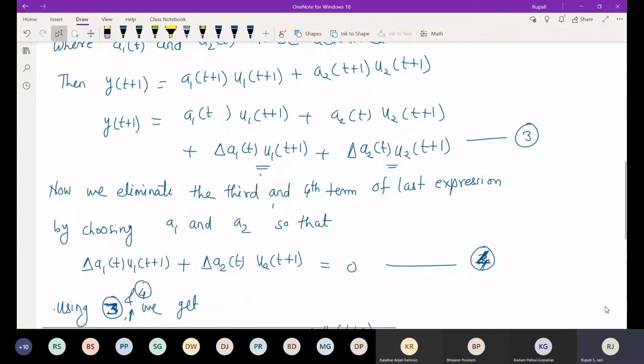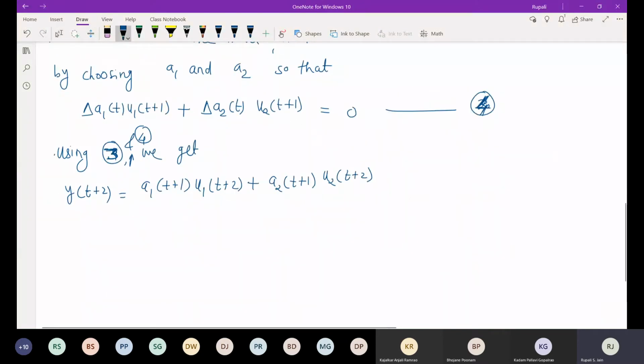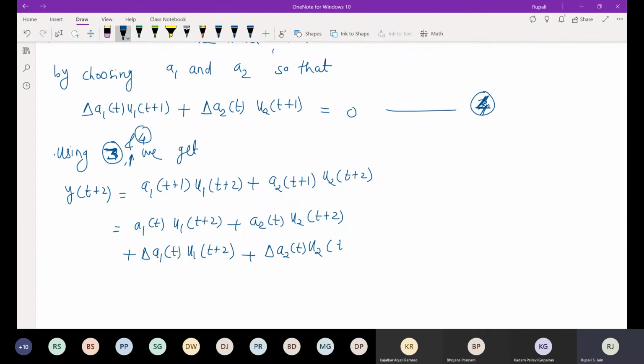So I will get y at t plus 2 is nothing but a1t plus 1 u1t plus 2 plus a2t plus 1 u2t plus 2. Is that okay? So now I will write this again in terms of delta form: a1t u1 t plus 2 plus a2t u2 t plus 2 plus delta a1t u1 t plus 2 plus delta a2t u2 t plus 2.